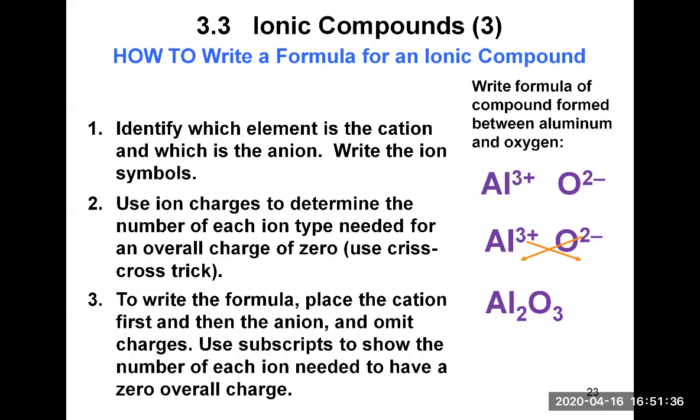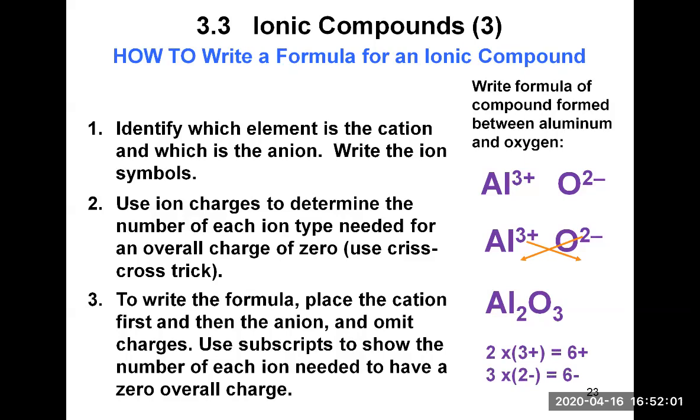So you want to make sure this formula is neutral, and so we will count the number of positive charges coming from aluminum. There are 2 aluminums, and they each carry 3 positive charges. So 2 times 3 pluses is 6 positive charges in total.